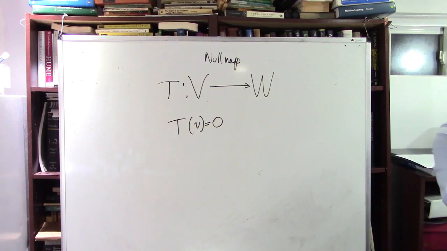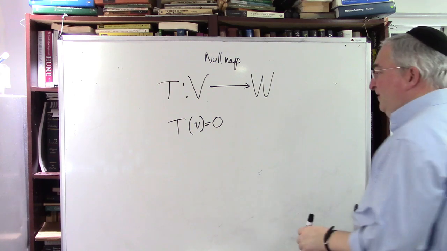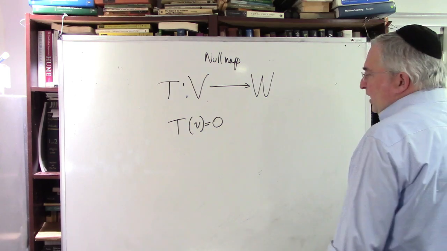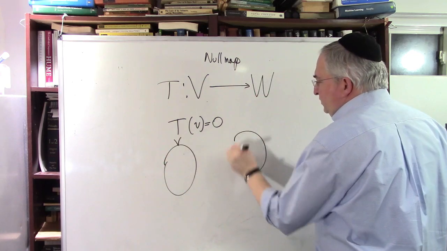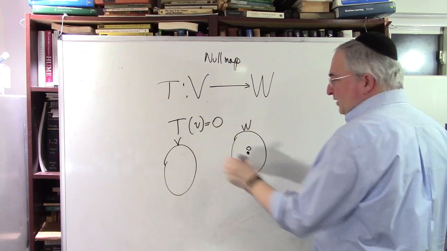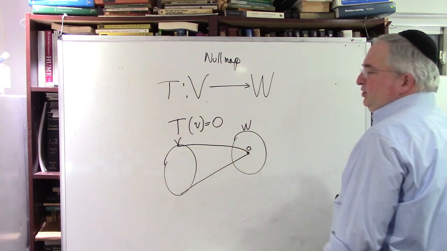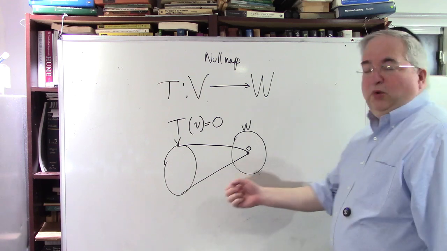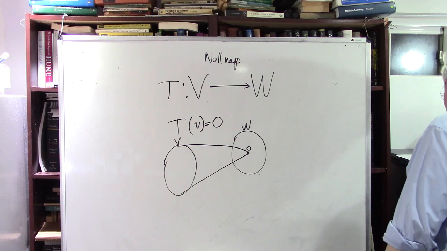Let me just draw a picture of this. This is V. This is W. Here's the 0 of this vector space. And this goes like this. Every single thing just goes to the 0. It's a very stupid map. It just takes everything to 0. But, main point, it satisfies the requirement.